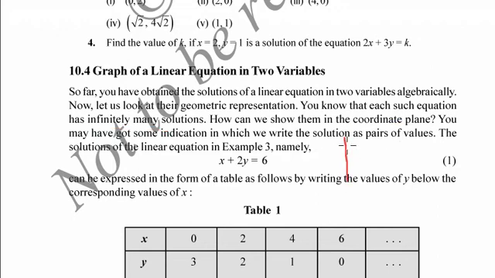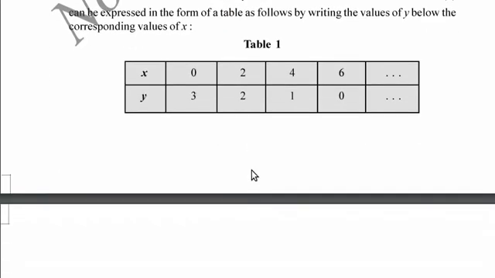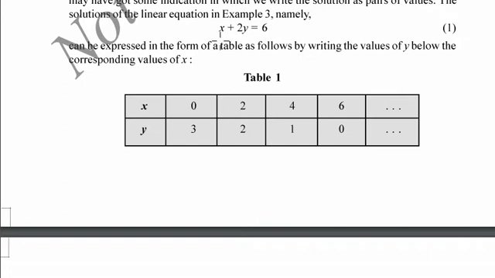You can imagine a plane as a surface in two dimensions. Now let us see this equation, x plus 2y is equal to 6. This is a linear equation involving two variables, x and y. Now let us form a table and we will find the solutions for this equation.